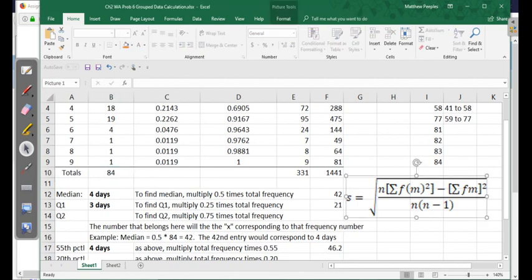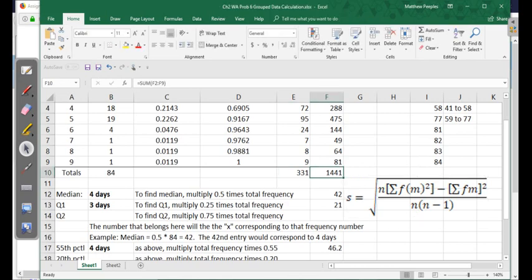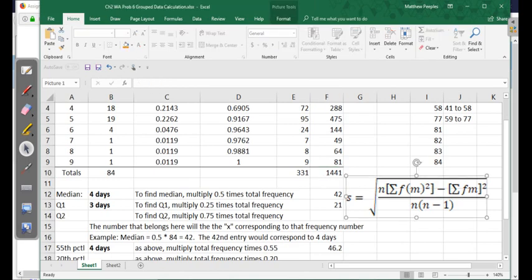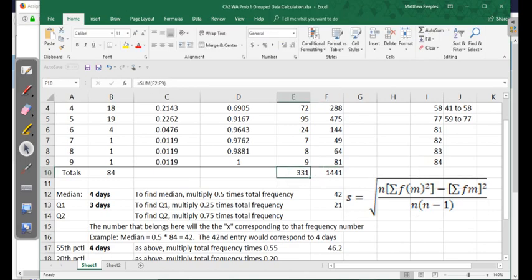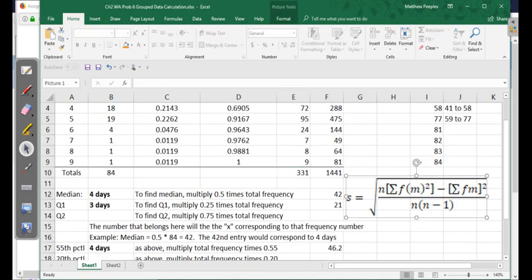So this category right here, I'm taking that, minus the square of what you get right here. So it's the square of that 331. And then we're going to divide that all by 84 times 84 minus 1, and then take the square root of the whole shooting match.